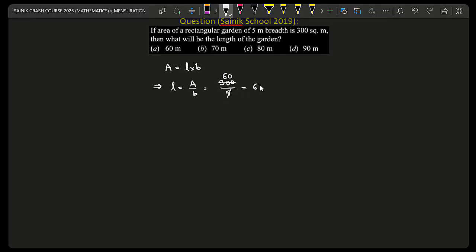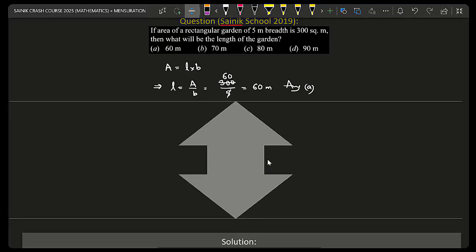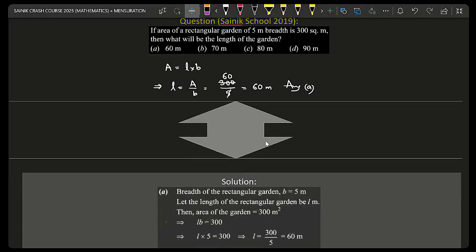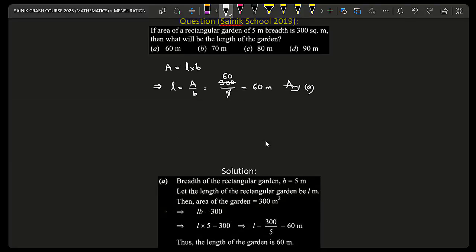So the answer is 60 meters. Which option? Sir, option A. Option A. Very simple question. You got the answer 60 meters. Okay, sir. Option A. Abhiday, you can mute.